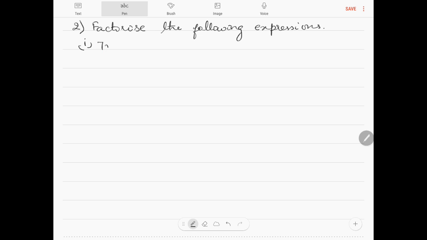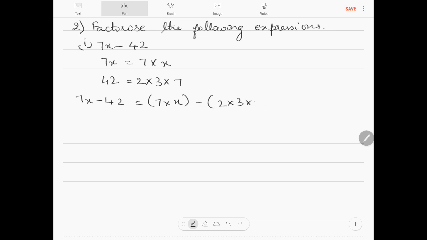Number 1, 7x minus 42. 7x is 7 into x. 42 is 2 into 3 into 7. So 7x minus 42 will be 7 into x minus 2 into 3 into 7. Now 7 taking outside, this will be x minus 2 into 3, or it is 7 into x minus 6.